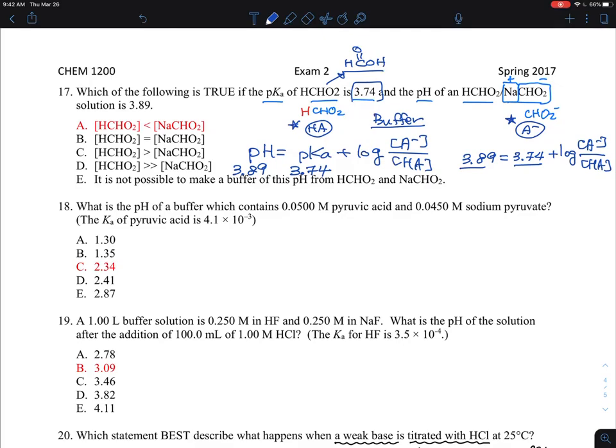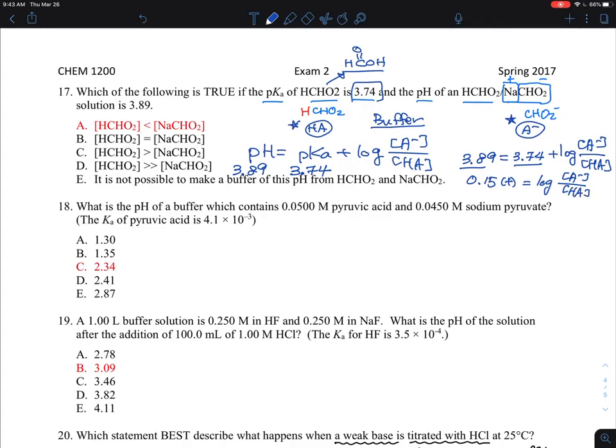I don't need to calculate actual numbers, but let me pull up my calculator, 3.89 minus 3.74. Yeah, that's 0.15, which is a positive number, which is log A minus over HA.